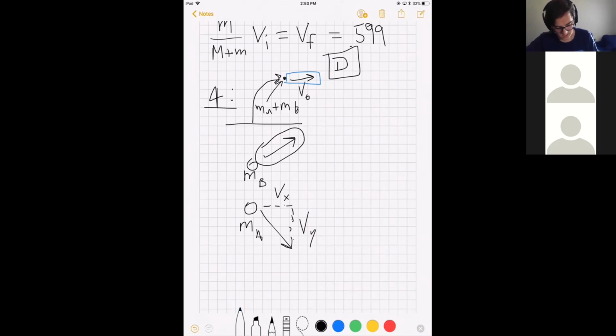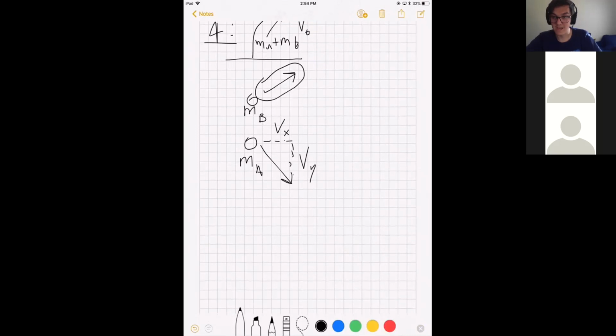Okay, so that means that Vy is going to be the exact same for MB, or not Vy, the momentum. We need to be a little bit careful because mass of B is different than mass of A. So if we do the math, the momentum in the y direction for A is just Ma times Vy, and that's going to be equal to the momentum in the y direction for B, which is just Mb times, we're going to call this velocity Vby.